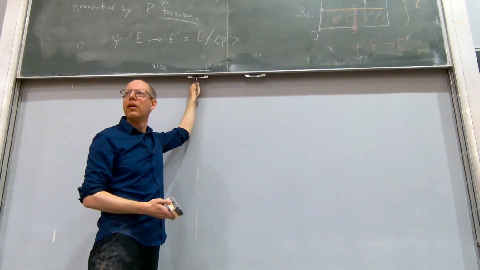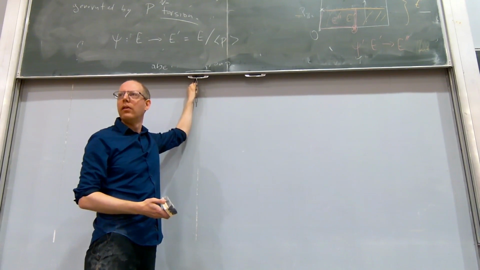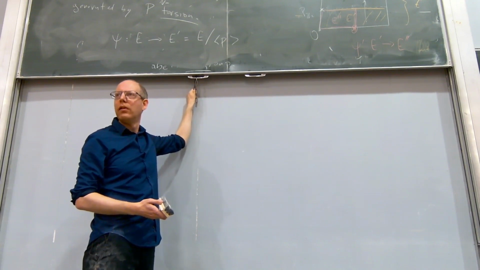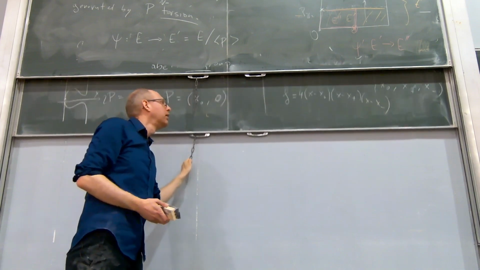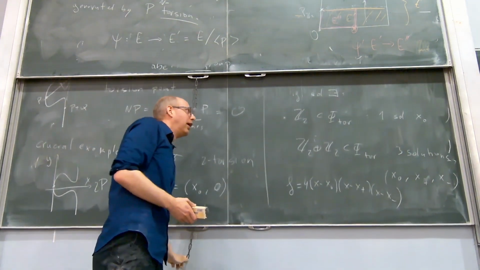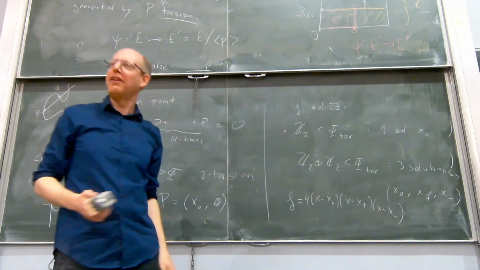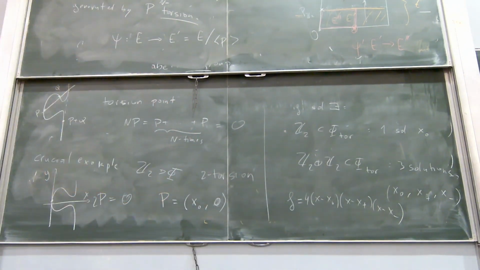Where does this Mordell-Weil group come from over the function field? You mean you want the proof? I won't be able to provide you the proof.